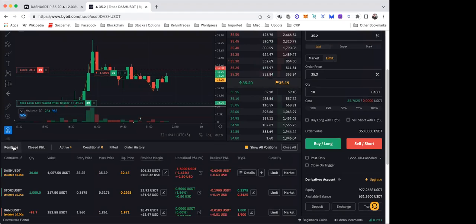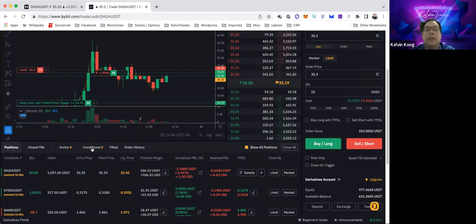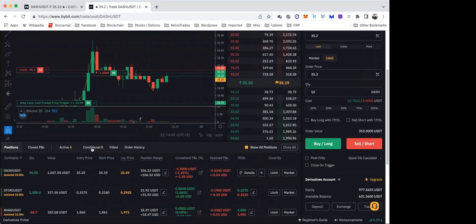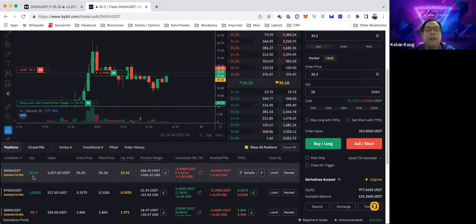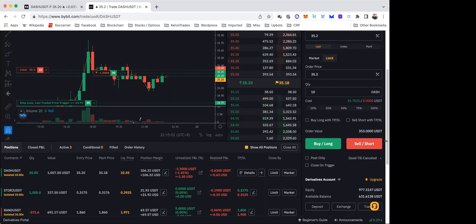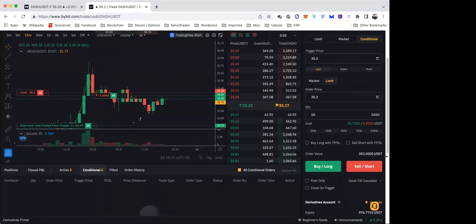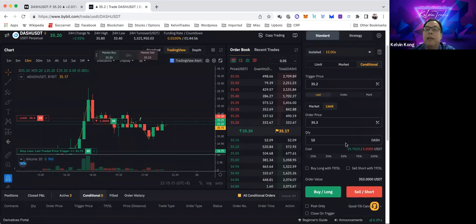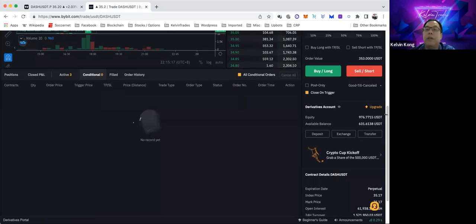Sorry, Calvin, on your first order, the isolated one on the top there, what was your stop loss? 34.75. Can I do it again? So close on trigger.